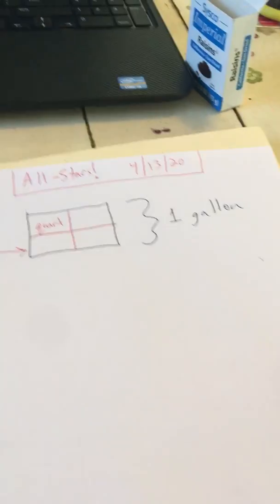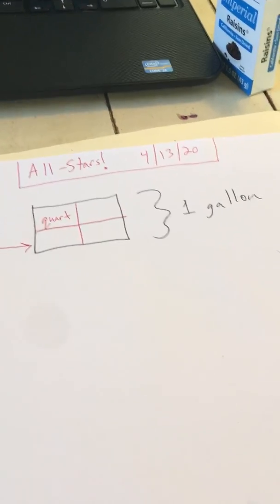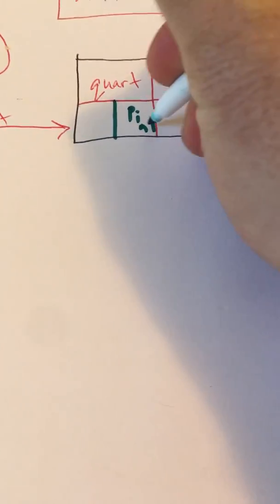So let's cut this quart. I'll use a blue-green marker. So this quart is 2 pints, because 2 pints makes 1 quart. So that means that this is a pint, and this is a pint.